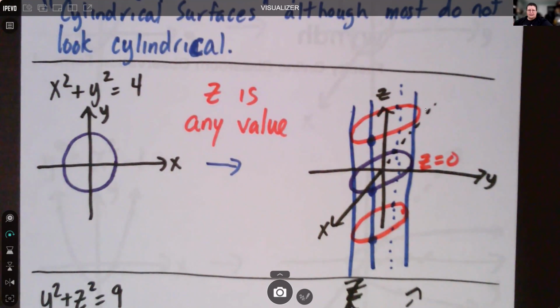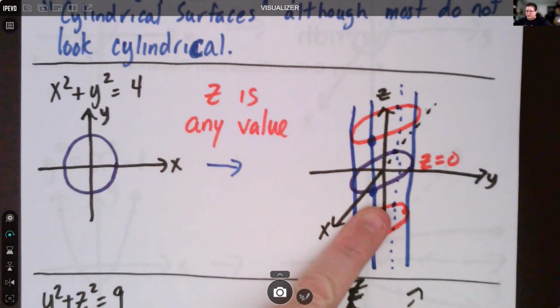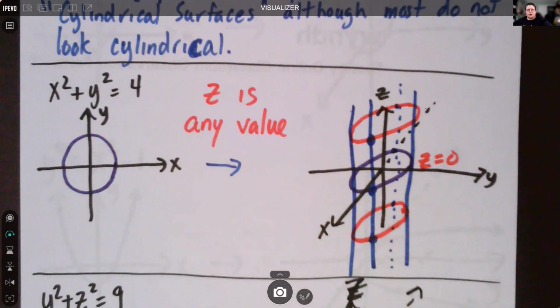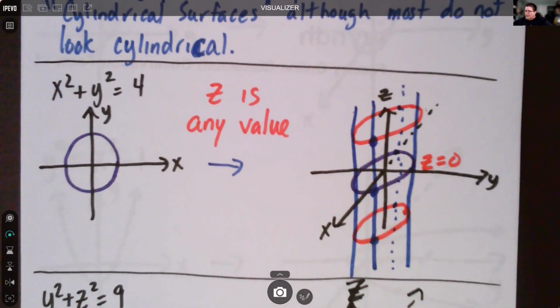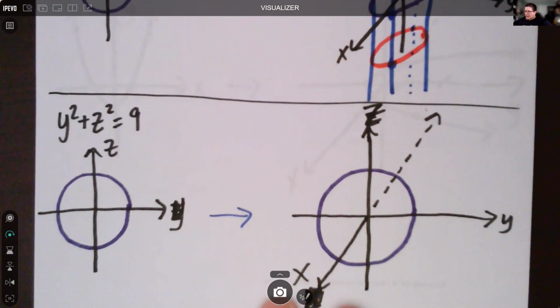And that was when we had x squared plus y squared equals 4. Notice we had to take our graph and rotate it flatward, so the circle is coming out of the page as best as we can draw in 3 dimensions. If I've got y squared plus z squared equals 9, well, the 2-dimensional version doesn't have an x-axis.